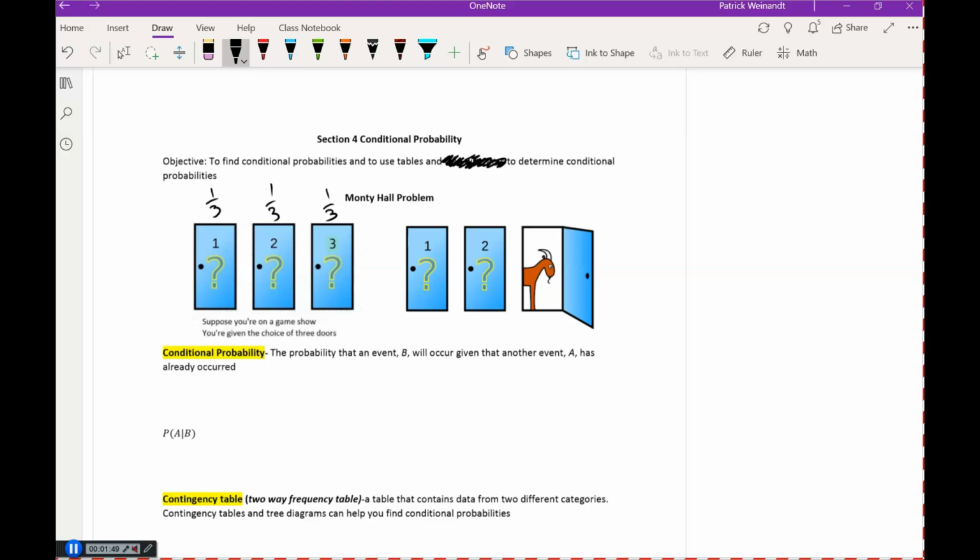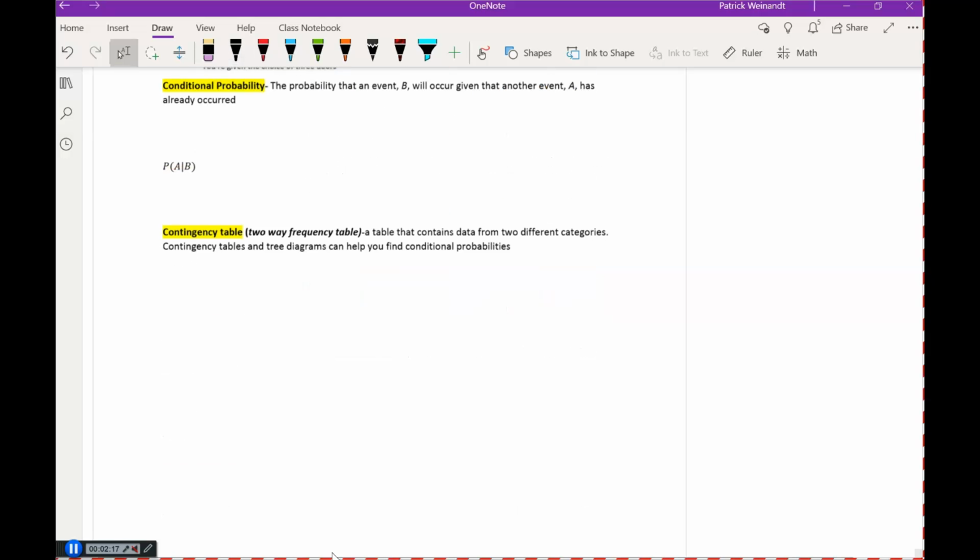So this door is still going to stay at 1/3 probability, because you haven't gained any new information on this door. You just know that it's not the other door anymore. So this is no longer a 1/3 probability, which means that this has to take the place of this. We need probabilities that add up to 100%. So this technically becomes a 2/3 probability, and it would actually be advantageous for you to switch doors.